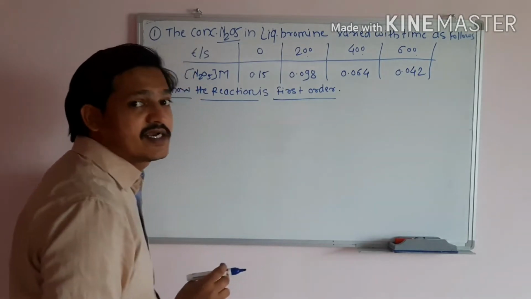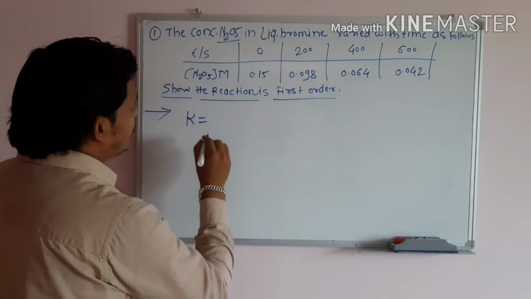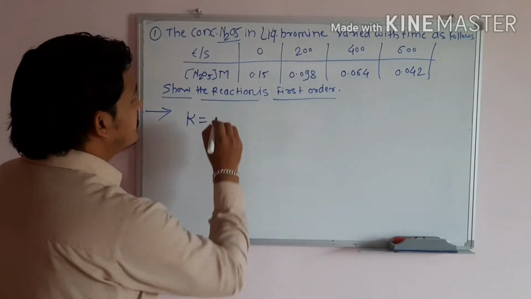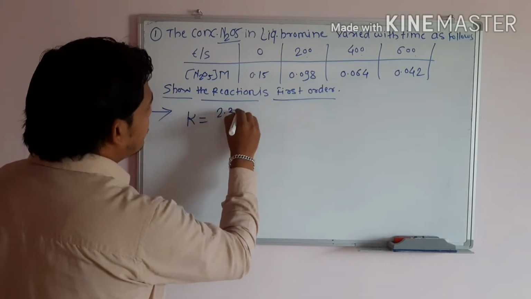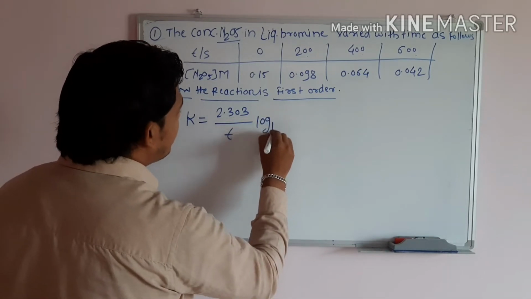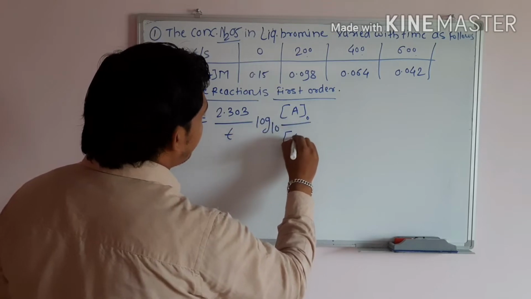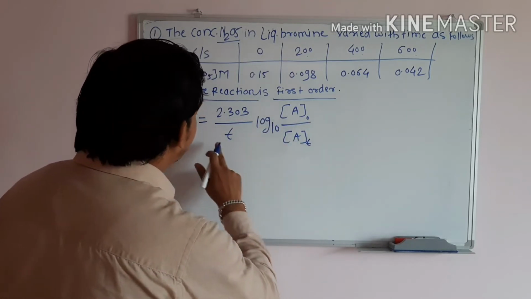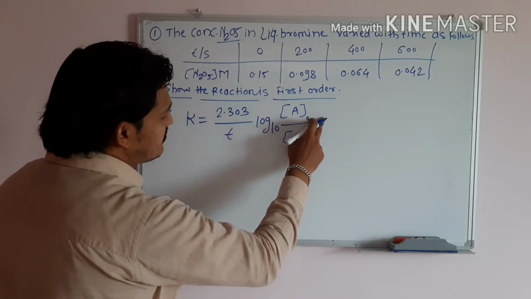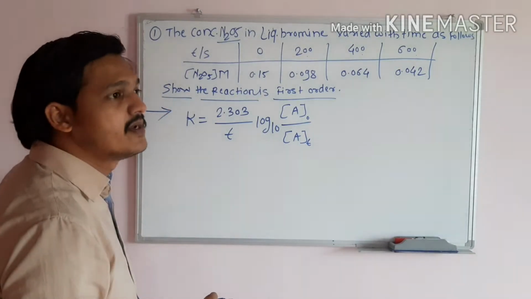Our formula is K is equal to 2.303 divided by T log to the base 10 A0 divided by AT. T means time, K means rate constant, A0 means initial concentration of reactant, AT means final concentration of reactant.